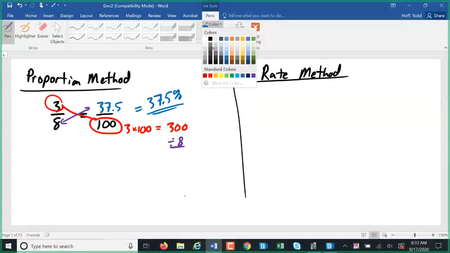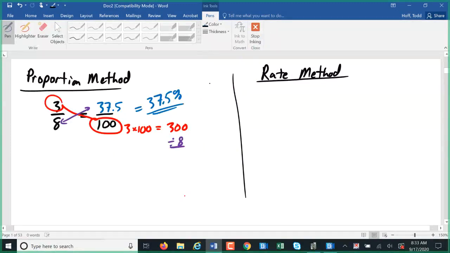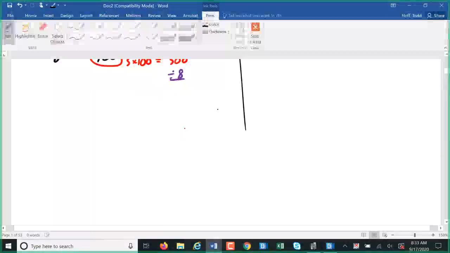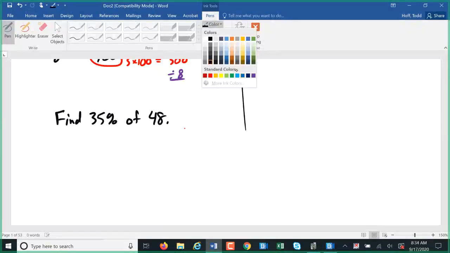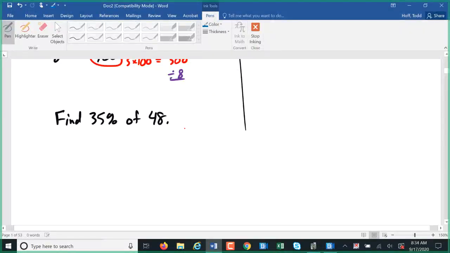So now let's try to apply that to some generic percent problems at first. We might be asked to find 35% of 48. I find it easiest with these problems if I always start with the percent. 35% is 35 out of 100.